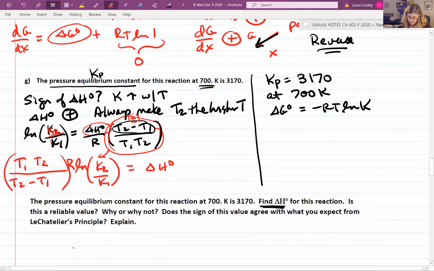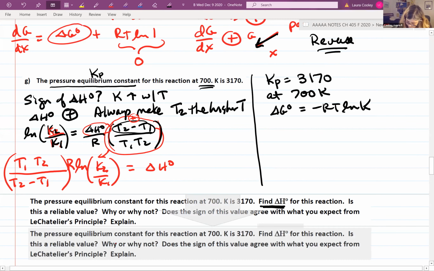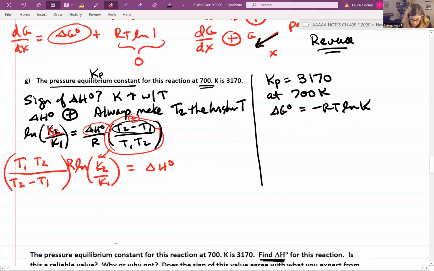So just put in 298, 700 over 700 minus 298 times 8.314.